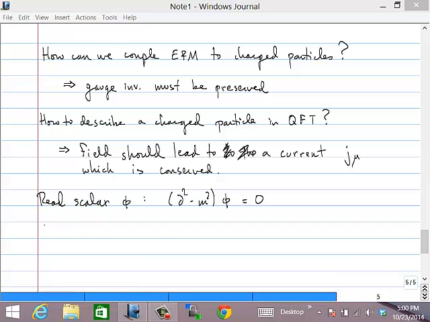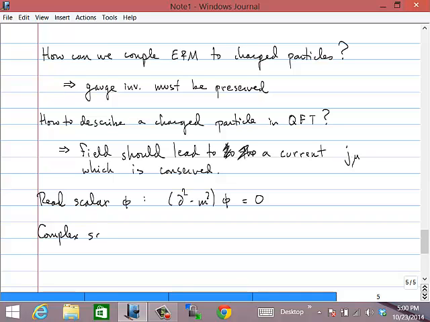But rather than writing down separately the action and equations of motion of two real scalar fields, we can write down the action and equations of motion of a single complex scalar field.